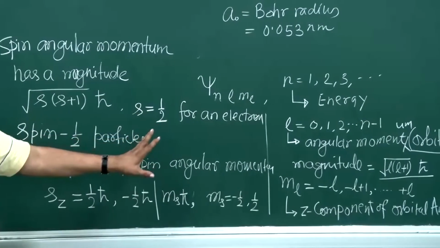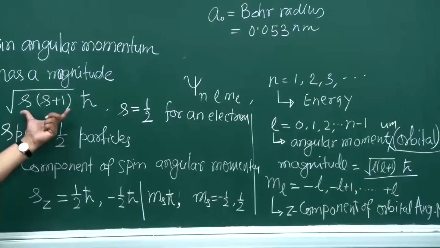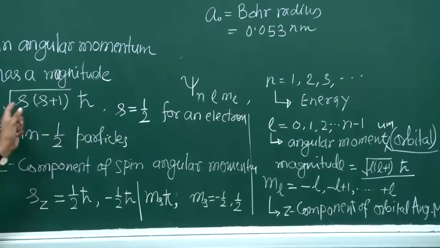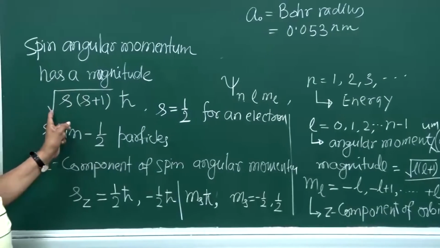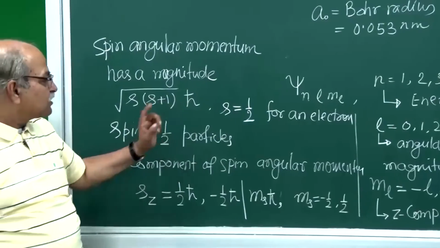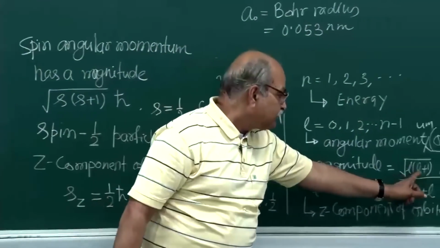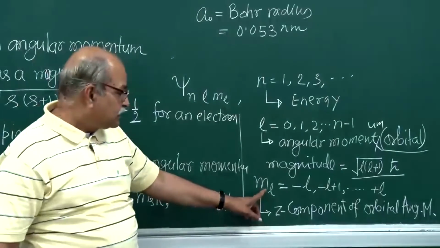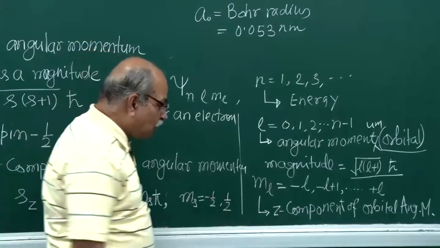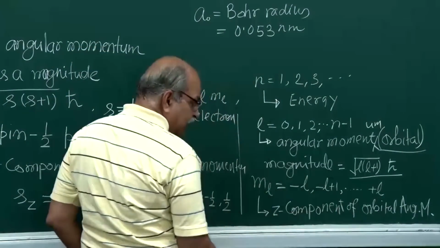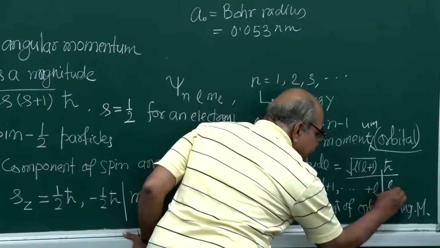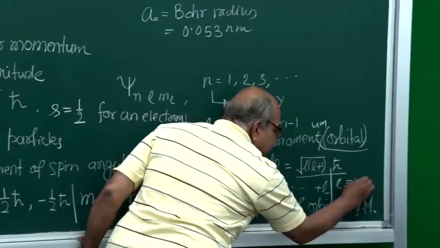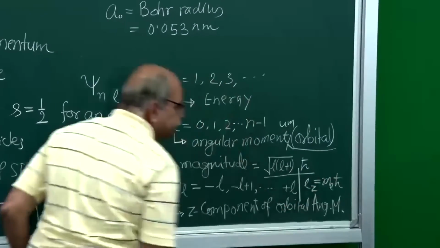And then the magnitude has the same mathematical formulation: square root of S into S plus 1 times h cross, here square root of L into L plus 1 times h cross. The z component of orbital angular momentum, Lz, is equal to ml times h cross.